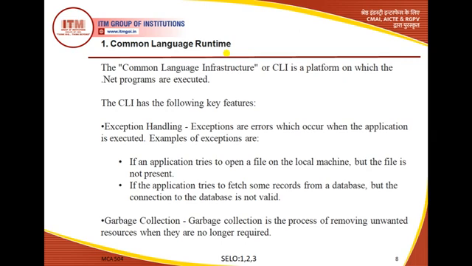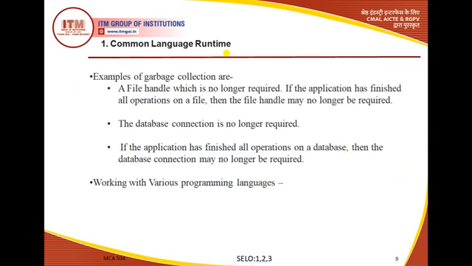Next is garbage collection. Garbage collection is the process of removing unwanted resources when they are no longer required. What are some examples? A file handle which is no longer required: if the application has finished all its operations on the file, the file handle will not be required in the future.